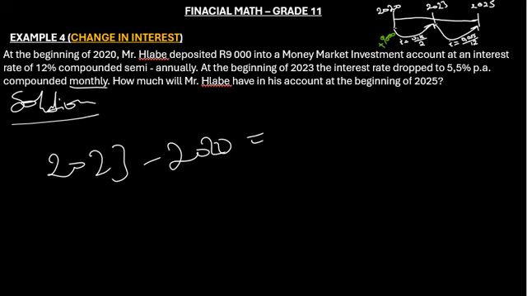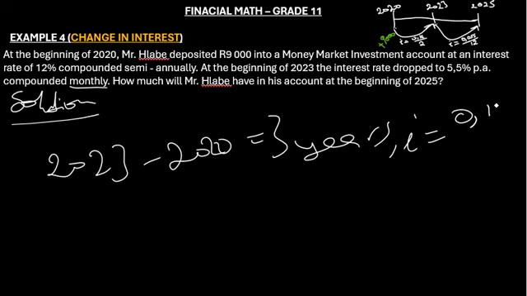So for the first 3 years, i was equal to 0.12 over 2, semi-annual.